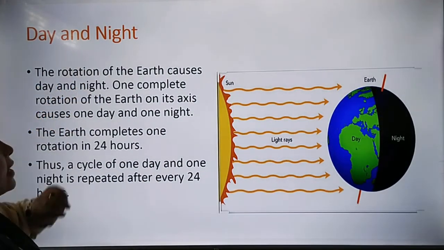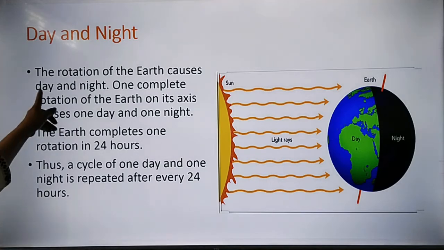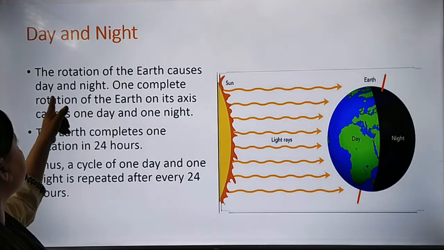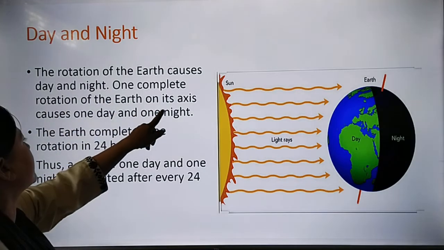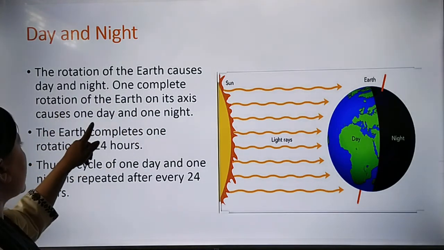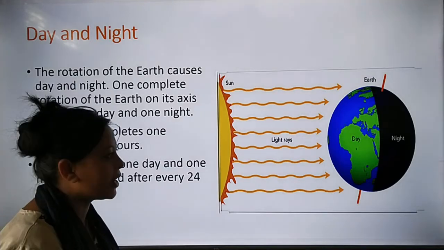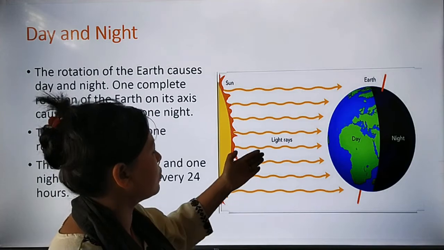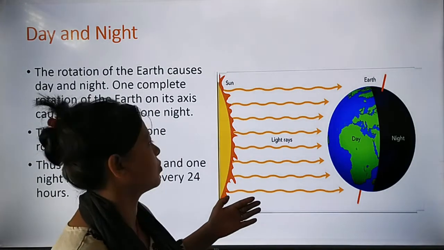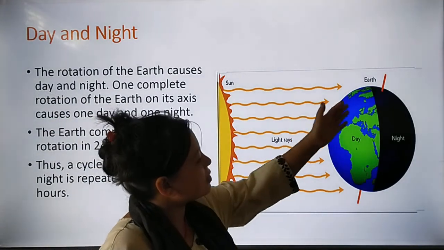Now, day and night. The rotation of the earth causes day and night. One complete rotation of the earth on its axis causes one day and one night. Children, this is the sun, these are the sun rays, and this is our earth.